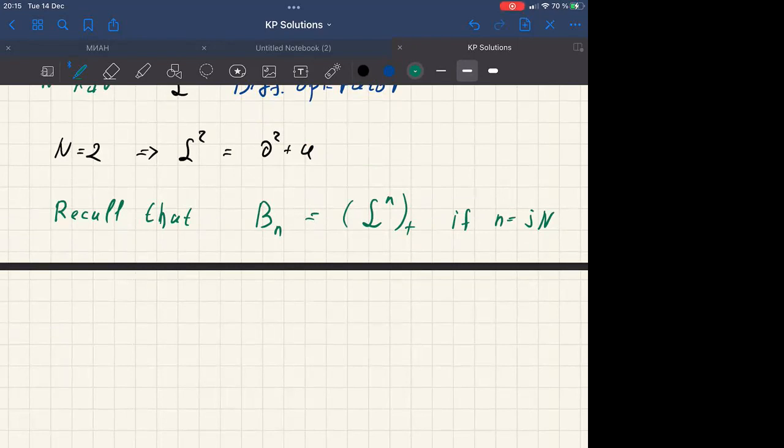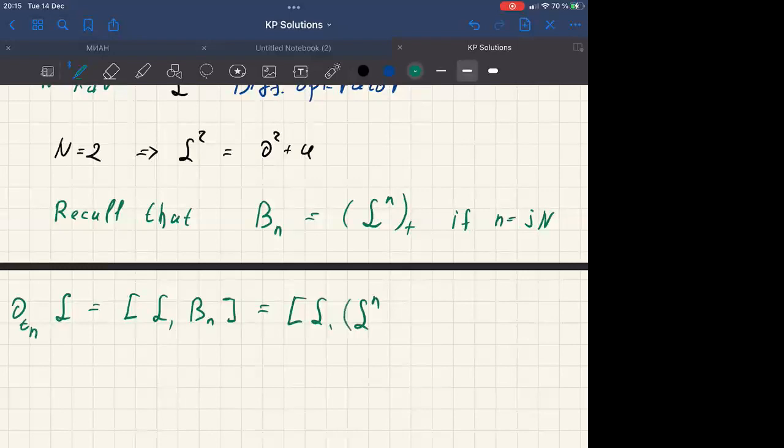Then L to the gn equals Lbn, in this case equals L to the n plus.